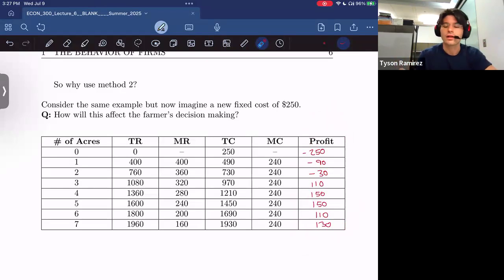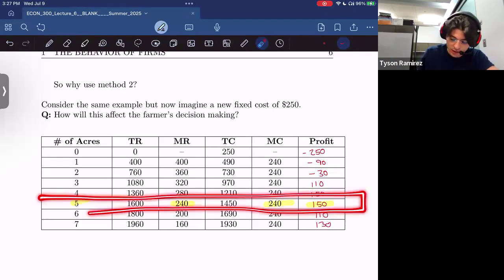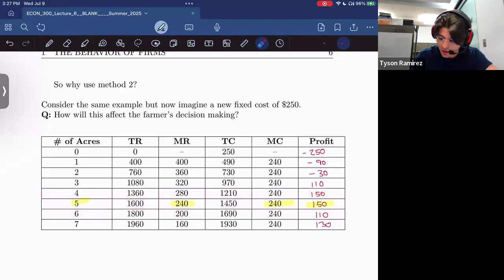On the other hand, if I'm doing method two, I'm simply looking at MR and MC, and I'm noticing, well, I can just look at the columns that I have right here, and I immediately know that this is where I want to be. The MR is equal to MC when I'm using 5 acres of land. And I know that's giving me the highest profit there. And I get a simple one answer for what is optimal.